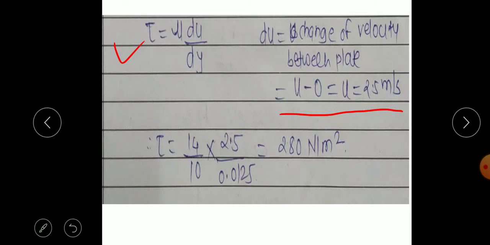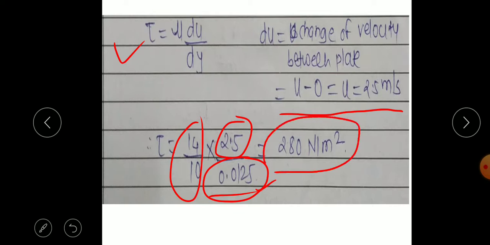So we convert it into meter as 0.0125 meter. So shear stress, mu is 14 by 10, du is 2.5, and dy is 0.0125 meter. So shear stress we get 280 Newton per meter square.